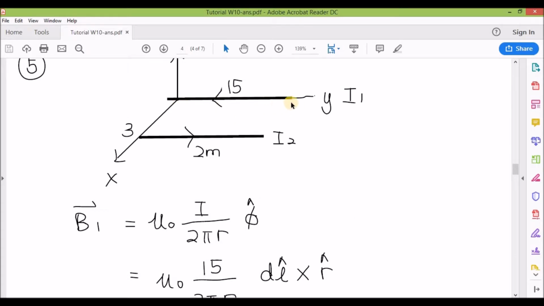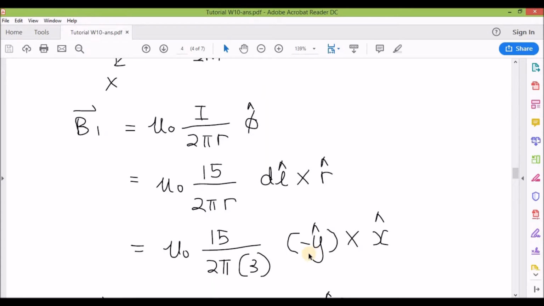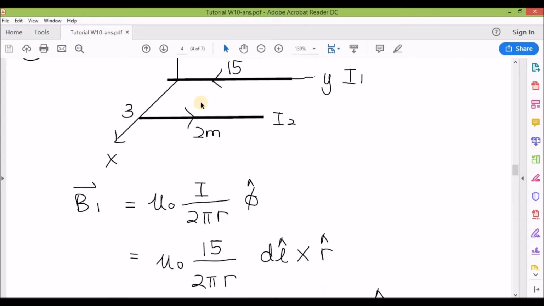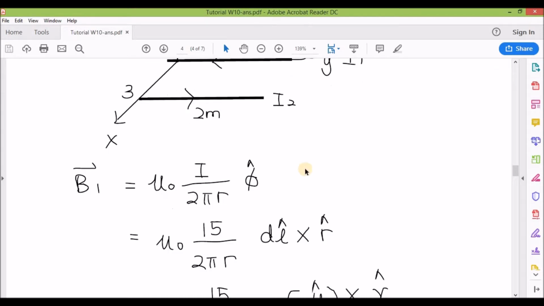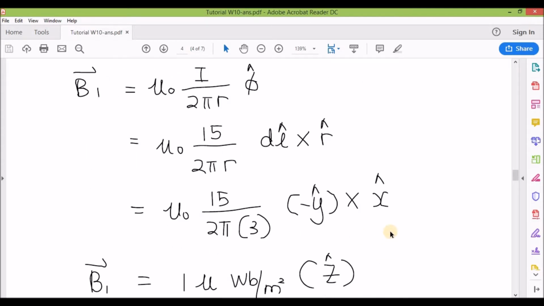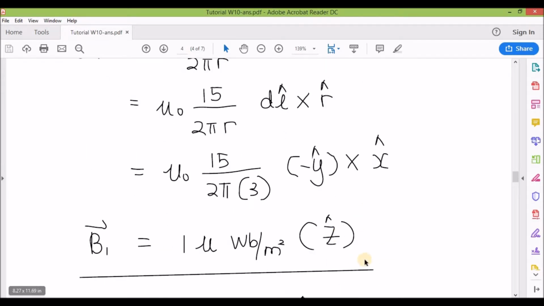So in I1, it is in the negative y direction, and your r, okay, this one is your source, the source of the magnetic field, and you want to know the magnetic field at all these points here. So your r will be pointing from here to here, in the positive x direction. Okay, so by calculating it, you can get your B1 equals to this one.